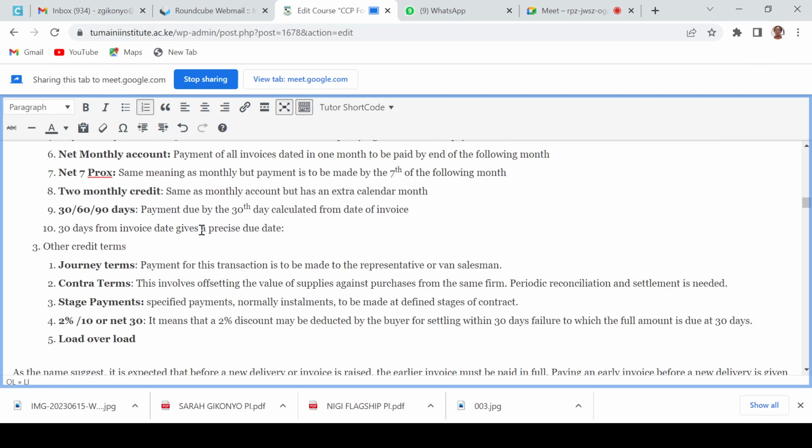Kuna ingine tunaita 2 monthly credit. Hii nayo same as monthly account but has an extra calendar month. So 2 months credit ni kusema hii mwezi yote yetu ya June tumsupplyie, hiyo mwezi ingine yote ya July tumsupplyie, sawa? So 2 monthly credit. So atalipa, so hizo ni 30 na 30 ni 60 days.